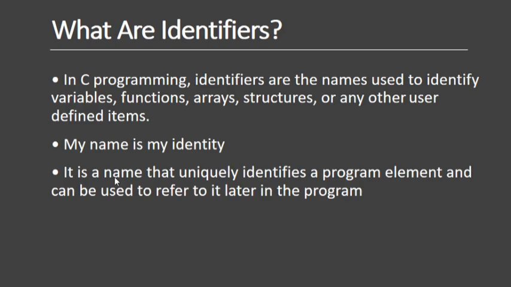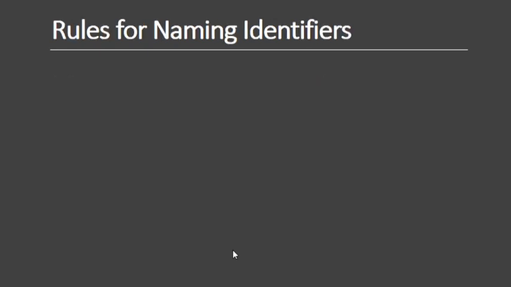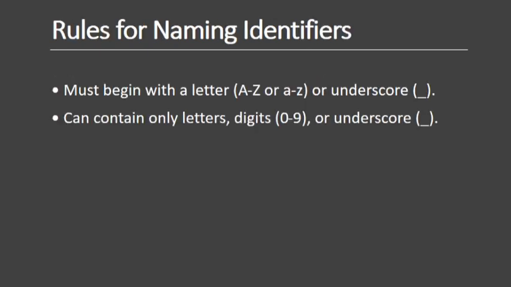It can be used to refer to it later in the program. An identifier is a sequence of letters and digits starting with a letter or underscore. So, the rules for naming identifiers.